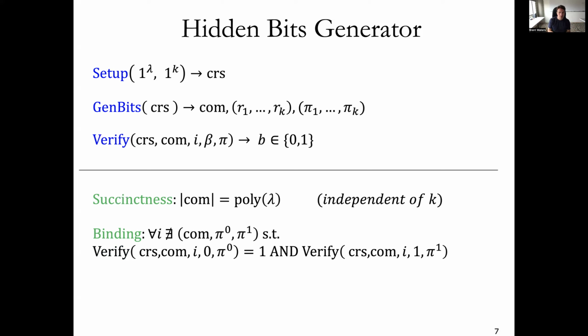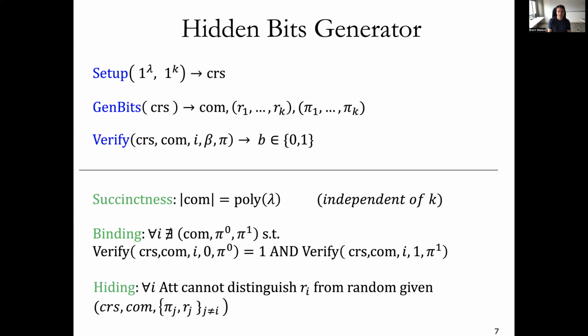It should only be able to open it up to 1 at most. And finally, we want it to be computationally hiding. That is, an attacker cannot distinguish the bit Ri from random if it is not given the opening for it, even if it's given the openings for every single other bit out there.